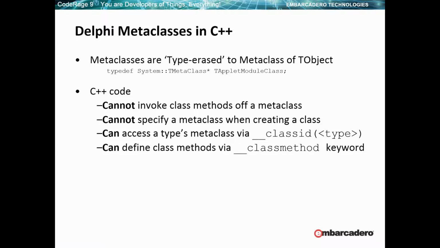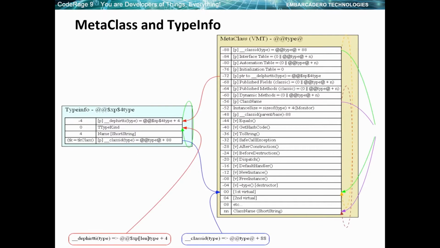The big question is, so what is a meta class? Well, the meta class is actually just the VMT, the virtual method table. We're all very familiar with that. You have virtual functions, and we know that behind the scenes, the compiler generates a little table. In the C++ way of thinking of it, the table just has pointers to the functions.